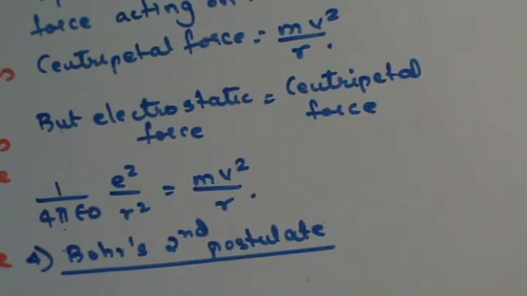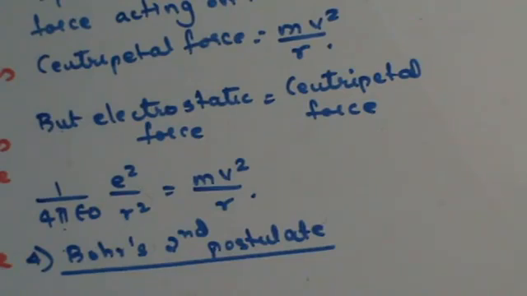See, we said that any body cannot radiate or absorb energy continuously. If an electron is at a particular distance from the nucleus, then it can move continuously without absorbing or radiating energy. And what should that distance be?